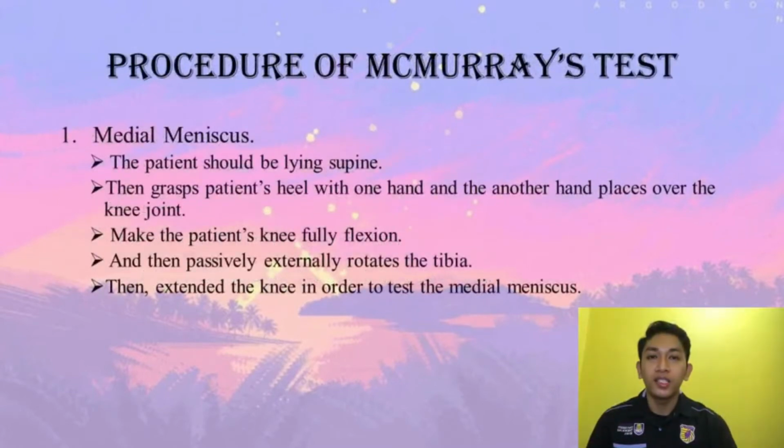Okay, now I will explain the procedure of the special test, which is the MOHD test. We have 2 types of MOHD test. The first one is for the medial meniscus. The patient should be lying supine, then grab the patient's heel with one hand and place the other hand on the knee joint.